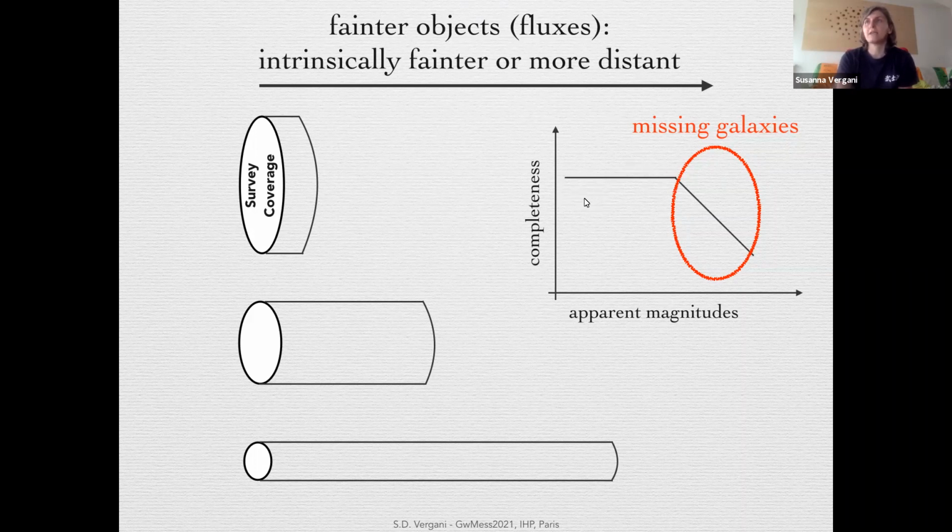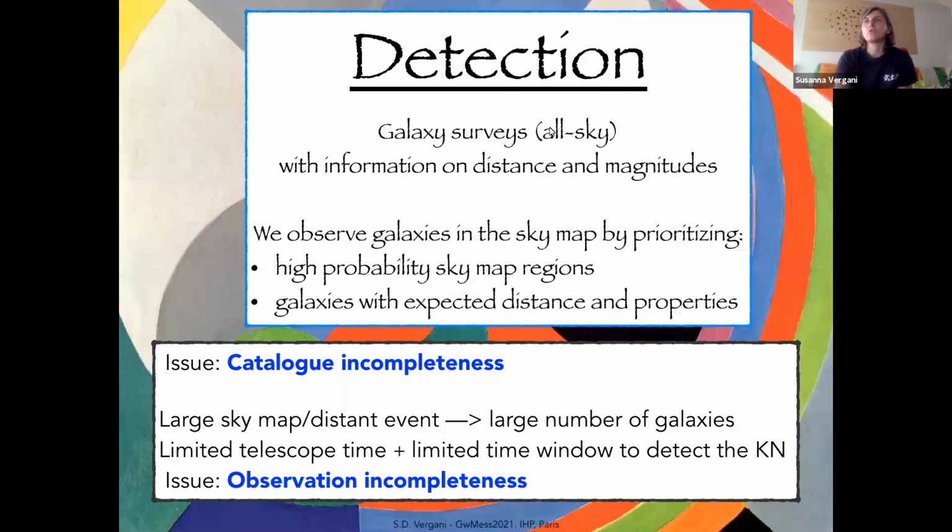So all the galaxies that are brighter than a certain magnitude have the distance information, the magnitude information, and so on. And then as I go to fainter magnitudes, I start to be less and less complete. So there will be some galaxies that will not be present in my survey, for which I will not have information.